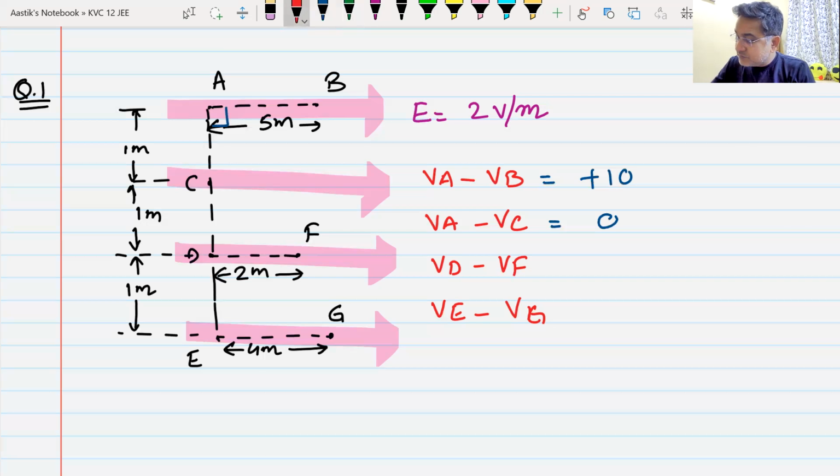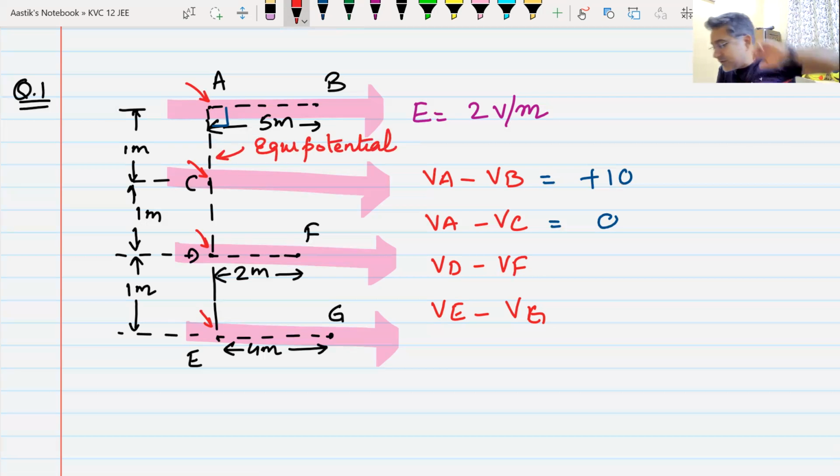So in fact, this point, this point, this point, and this point, they are at the same potential because they are perpendicular to the electric field. Do we understand this? In fact, this surface is known as equipotential surface, which we will discuss in the next class tomorrow. This is an equipotential surface.